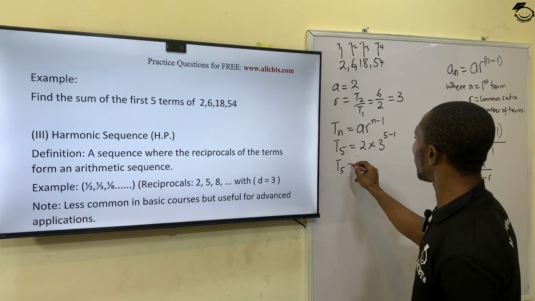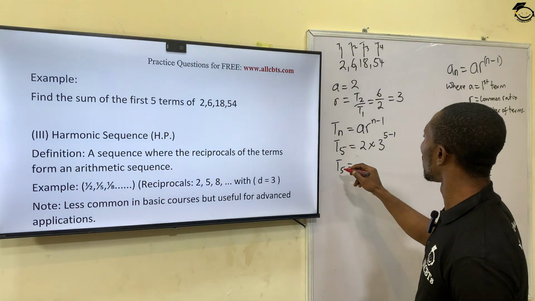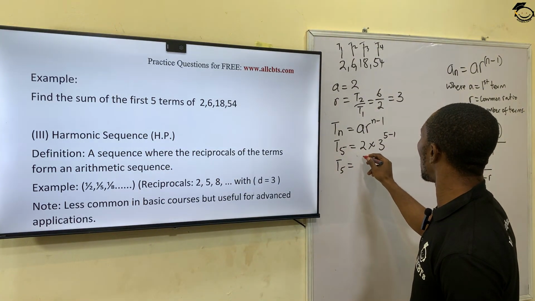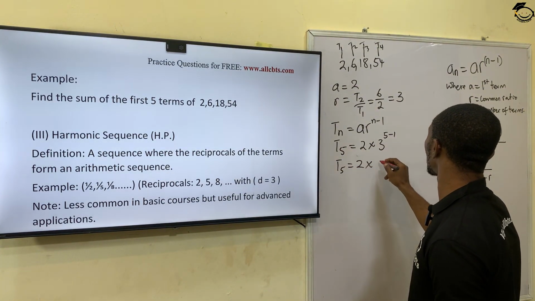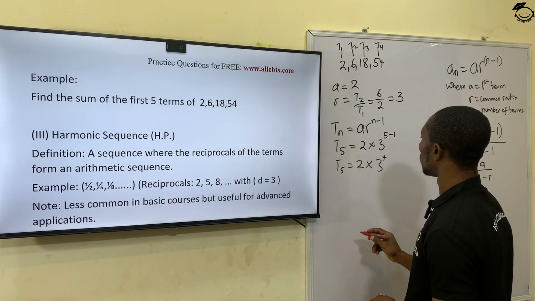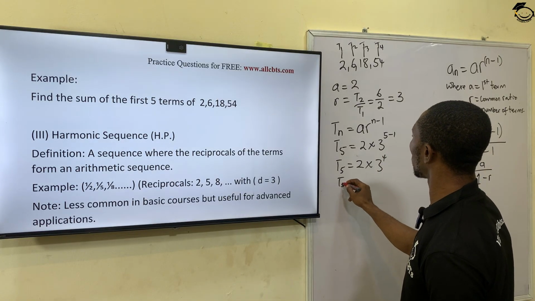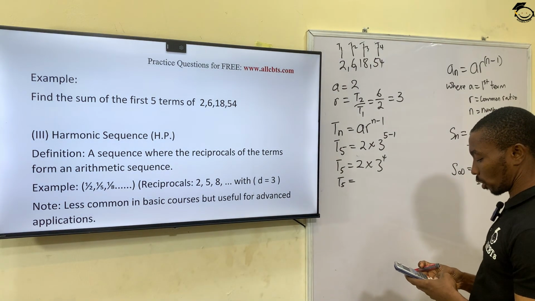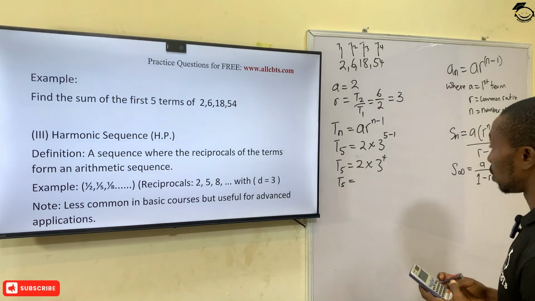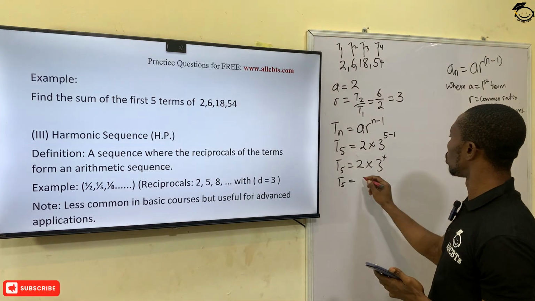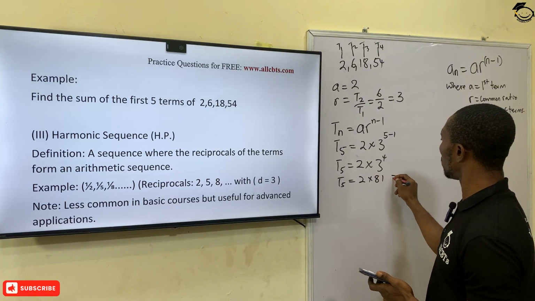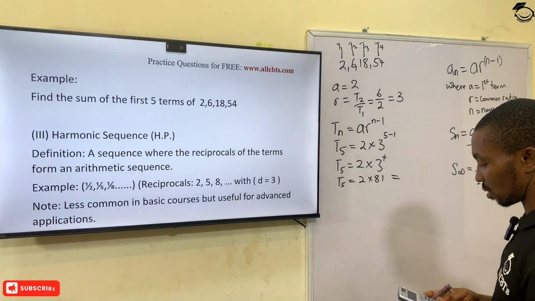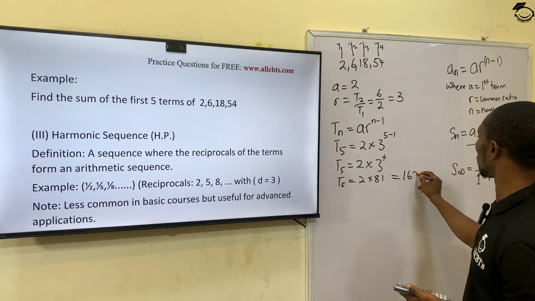So T5 would be 2 times 3 raised to power 4. So 3 times 3 times 3 times 3 is 81, and 2 times 81 gives us 162.